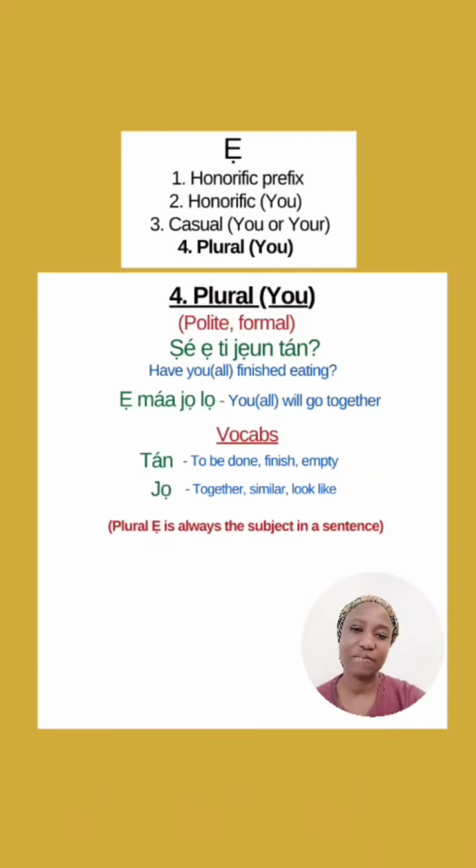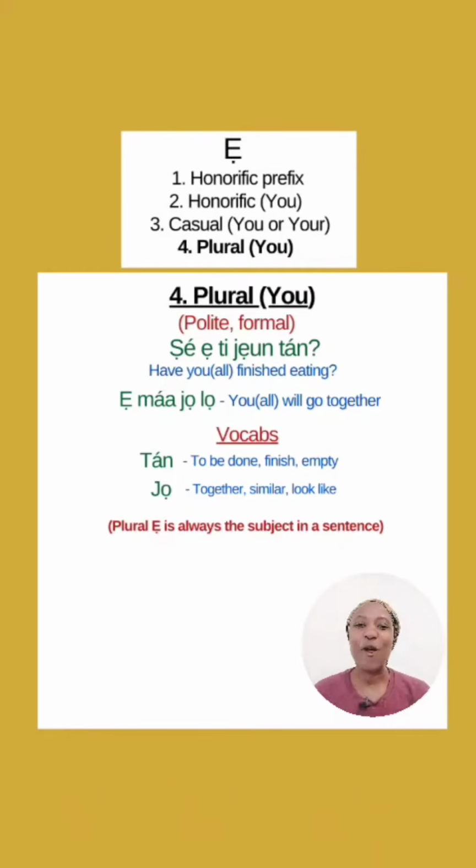The last use of ẹ in Yoruba is as a plural you. So as I am talking to all of you now that are here with me, I will use ẹ because I'm talking to a group of people.